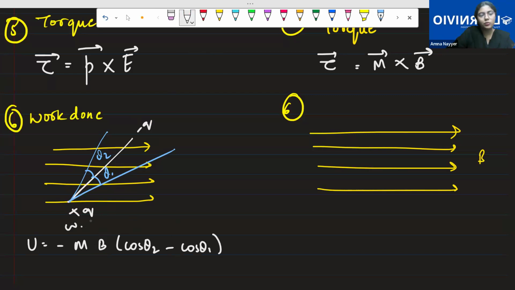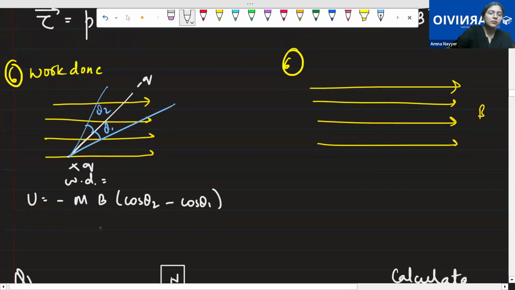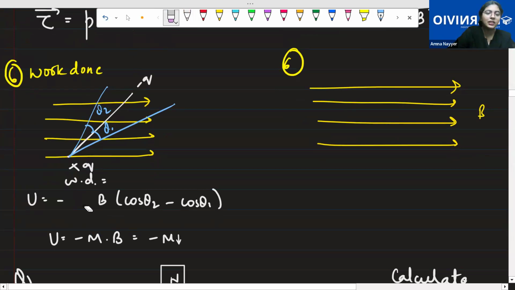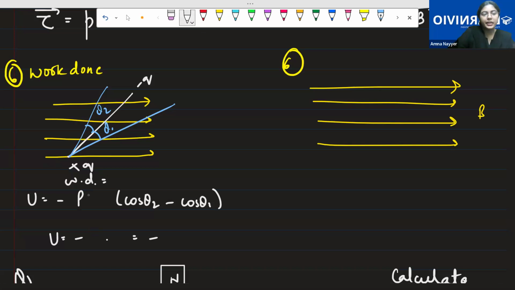This was equal to the work done as well. Now, if only one angle was given, we used to write minus p dot E, which is minus pE cos theta. Sorry, this is the electrostatics part. Here it will be mB, like if there is a bar magnet.